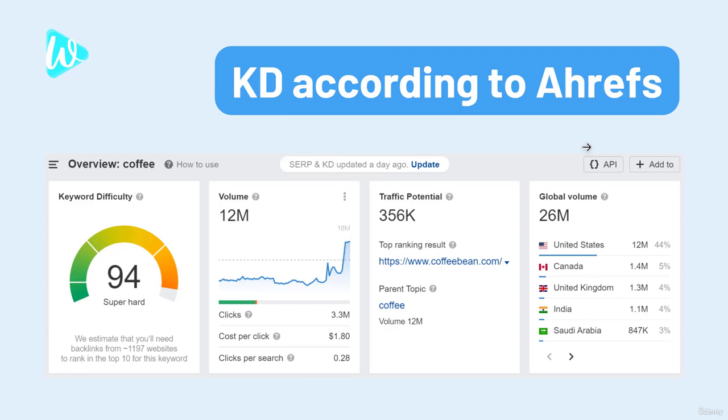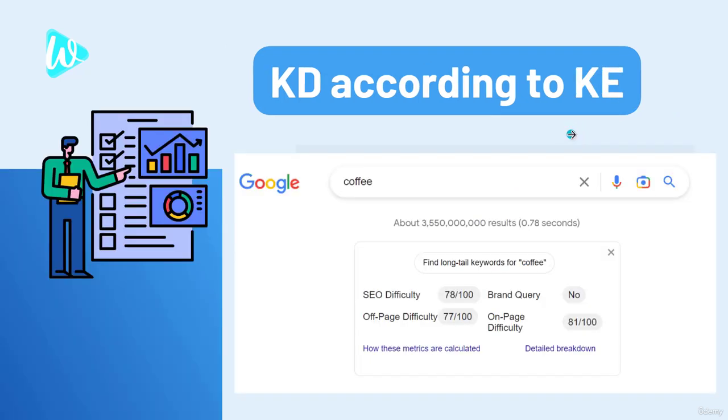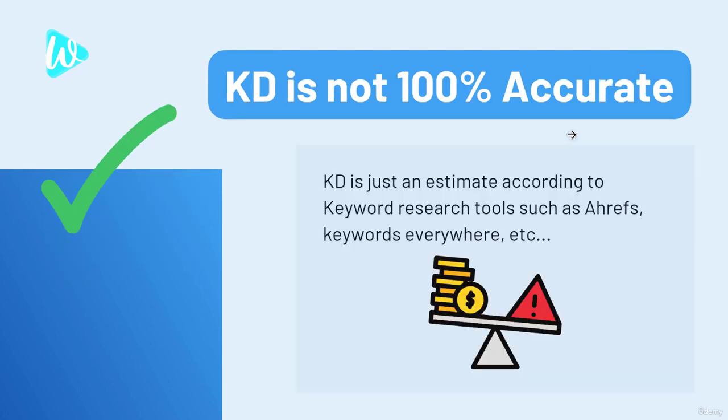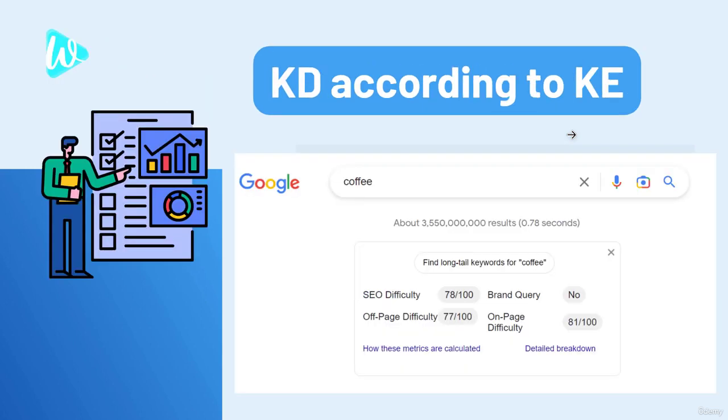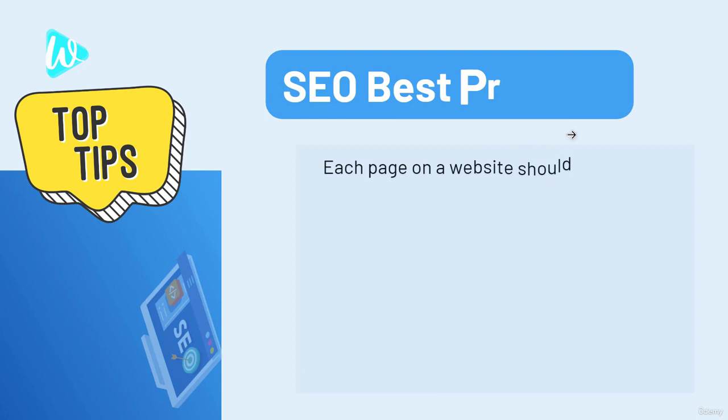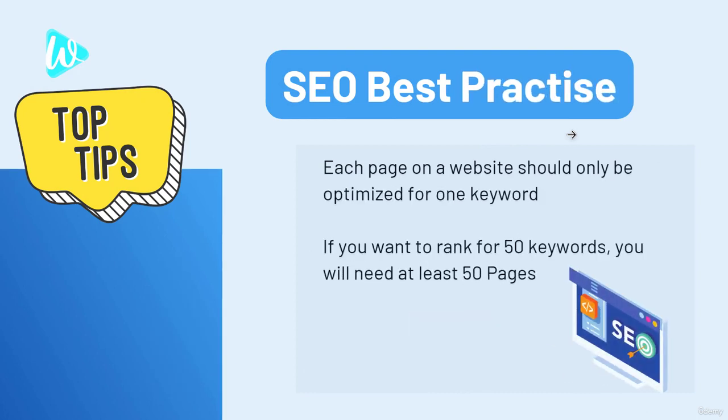And so you see there how competitive the keyword coffee is. It's super hard to compete with. So you can see that different keyword research tools will give you different results. It doesn't mean that they are wrong, but they're just trying to estimate, right?